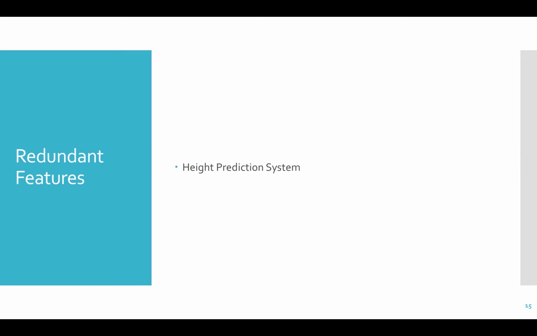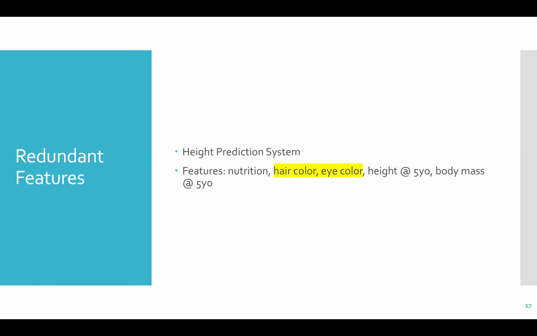You may have chosen such a small sample size that you found that light eyes and blonde hair are always found together. These would be considered redundant features. Having both of them provides no additional information over having just one of them. And in this case, it is likely that the eye color and hair color have nothing to do with the maximum height of a person.